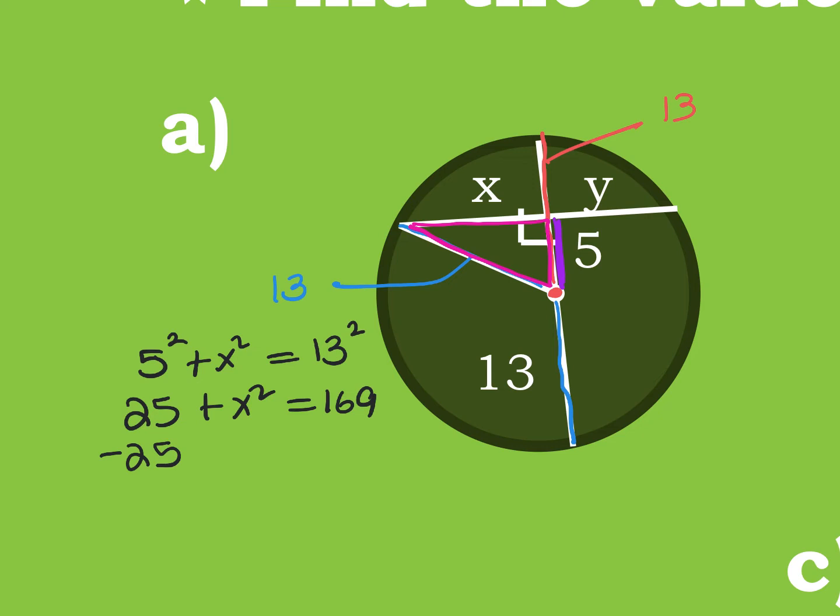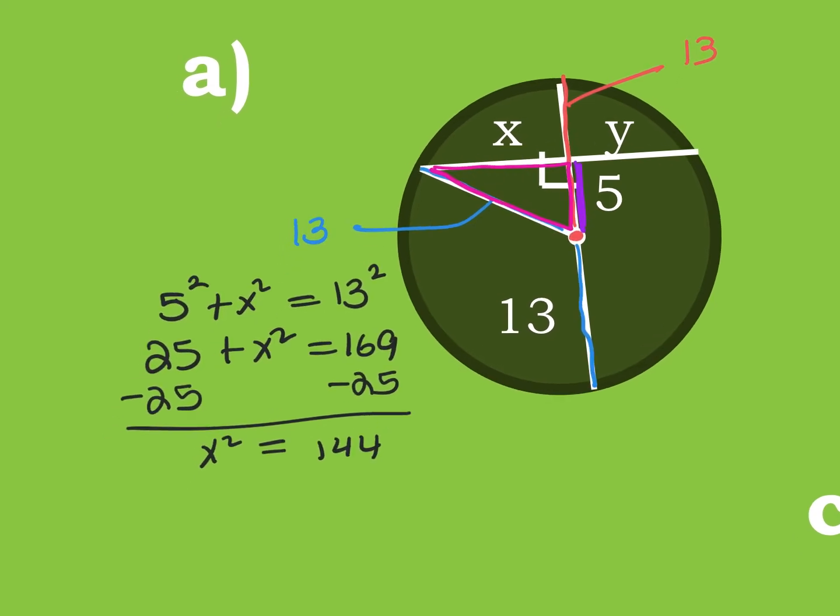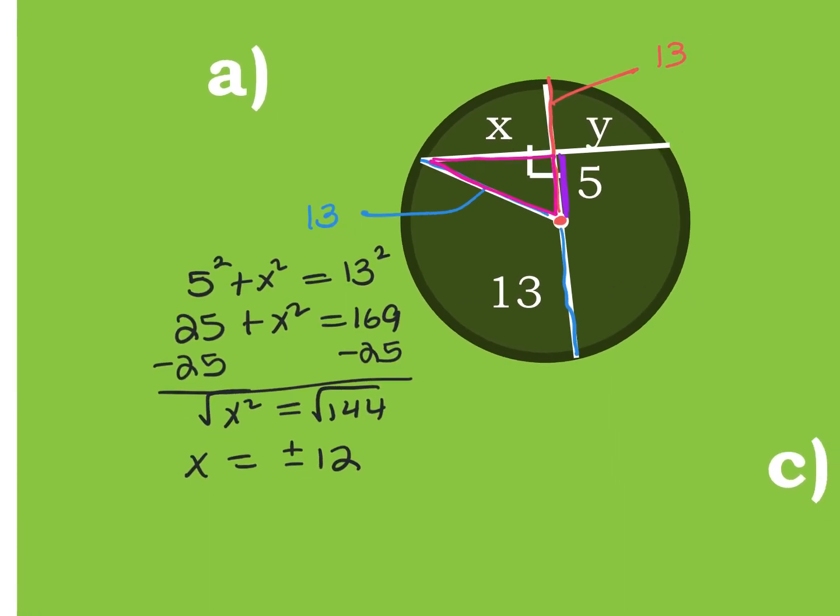Subtract 25. x squared equals 144. Square root it. And x is equal to, now normally it should be plus and minus 12, but because this is the side of a triangle, we're only going to keep positive 12.